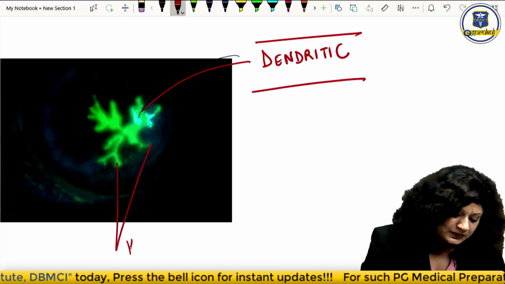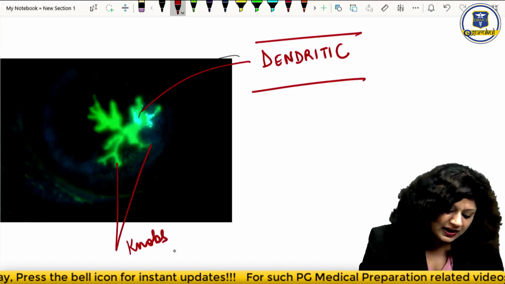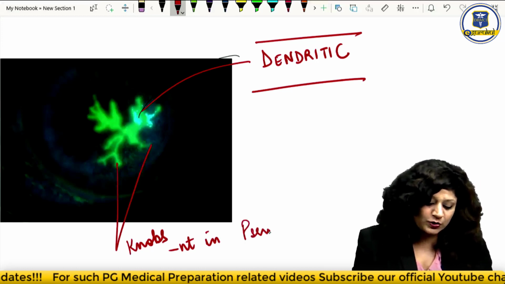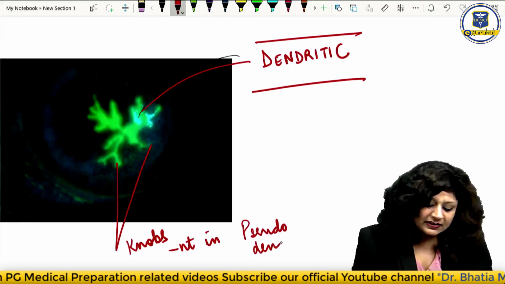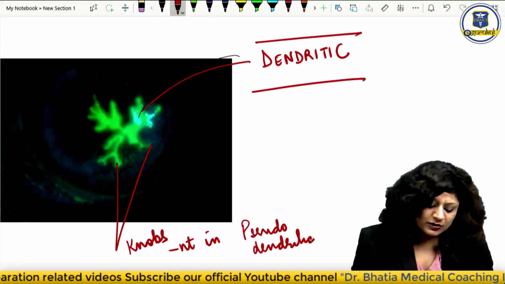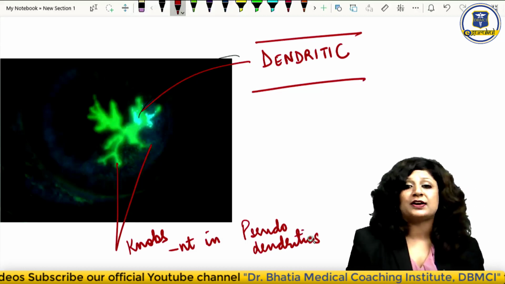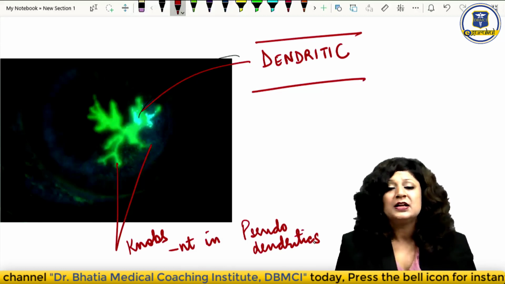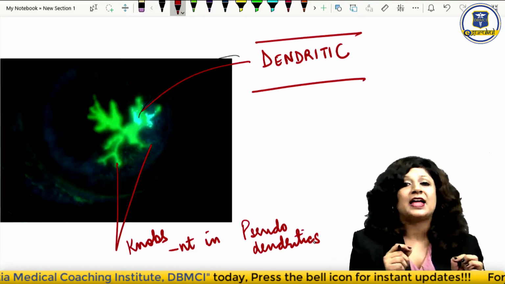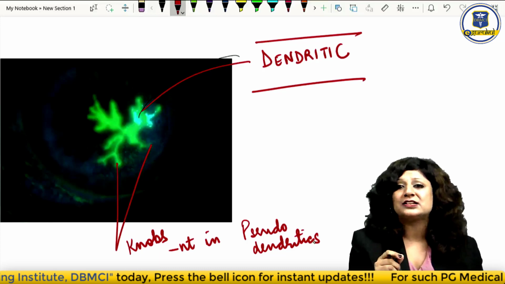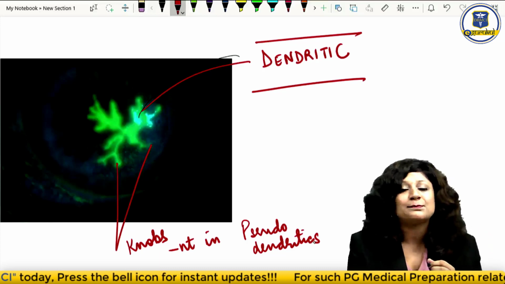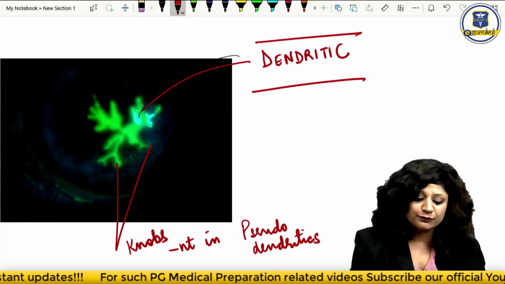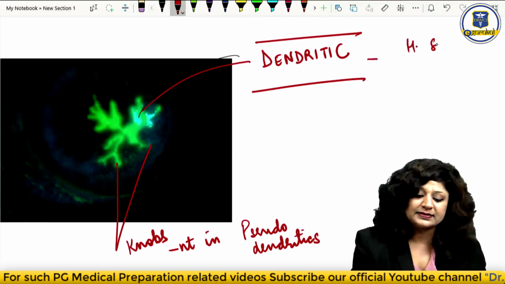These knobs are very important because they are absent in cases of pseudodendrites. When I say that this ulcer is not having true dendrites, it is pseudodendritic, that means knobs are absent. A dendritic ulcer will have the tree-like arborizing pattern along with the knobs, which is a hallmark feature of herpes simplex.